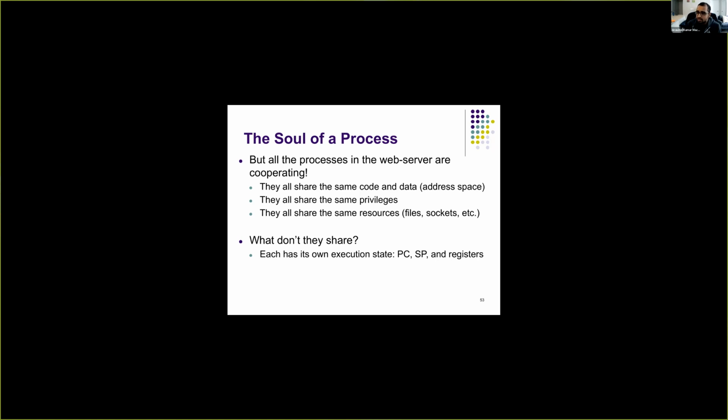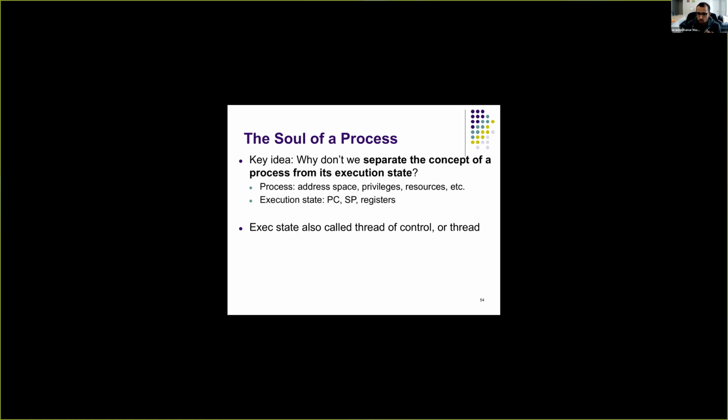So creating a process to serve each request, in case of the web server example, seems to be inefficient. So the key idea behind threads is to separate the process from its execution state. We know that a process contains everything including the execution state.